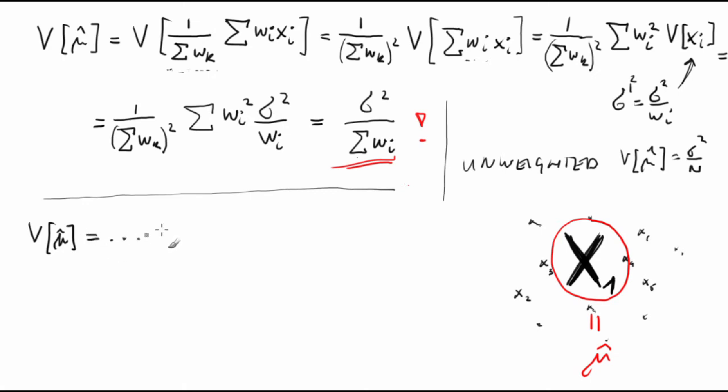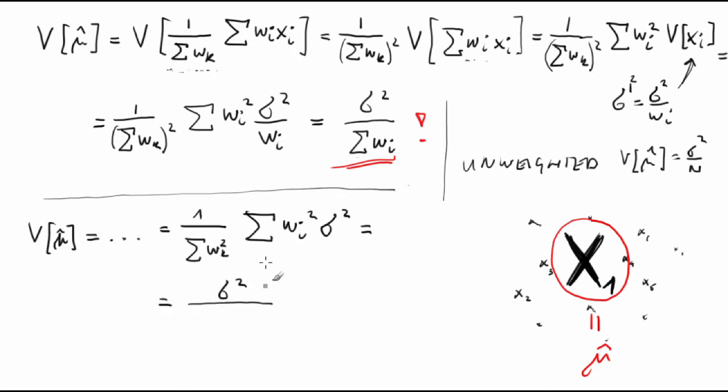So we get the expression equal to 1 over the sum of wk squared times the sum of wi squared sigma squared, and this equals sigma squared over the sum of wk all squared over the sum of wi squared.